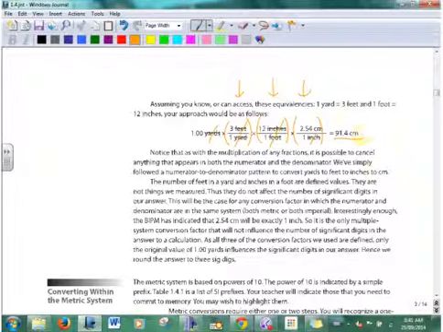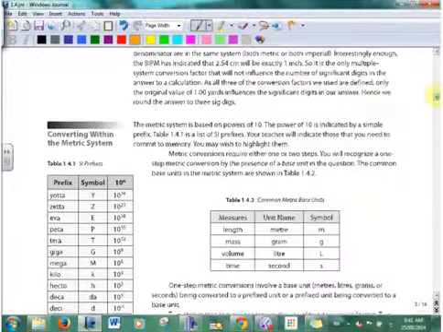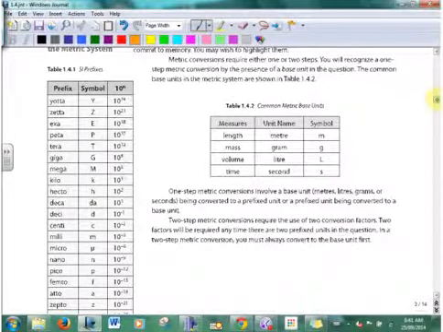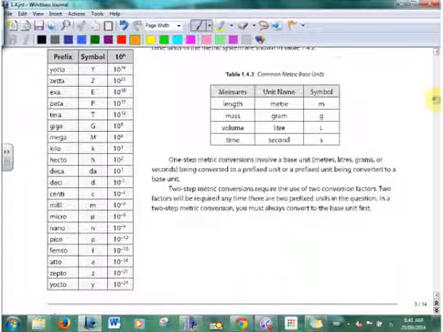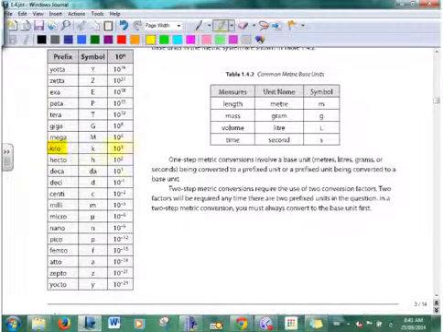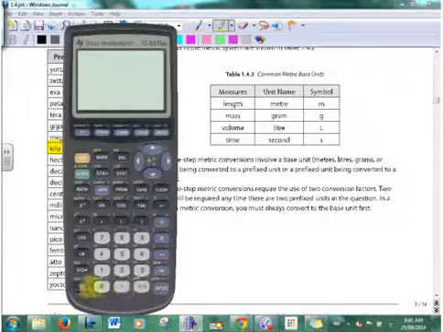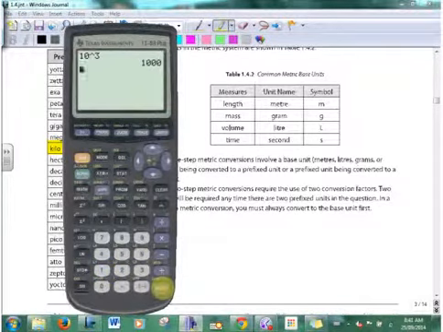We did this in Math 10. The difference now, we have these funky numbers, okay? Some of them you're familiar with. Like kilo means 1,000, 10 to the power of 3. Ten to the power of 3 is 1,000, okay? 1 times 10 to the 3, I could write it that way too.